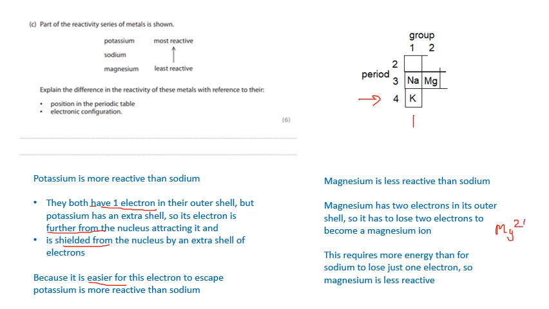Sodium only has to lose 1 electron, but magnesium has 2 electrons in its outer shell, so it has to lose 2 electrons to become a magnesium ion. So that will require more energy than it does for sodium, and so it is less reactive.